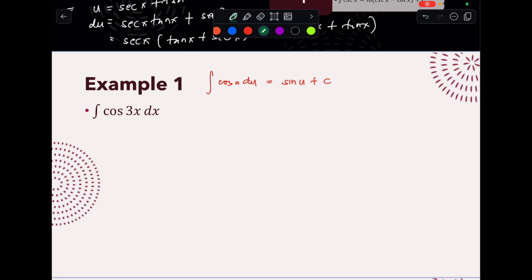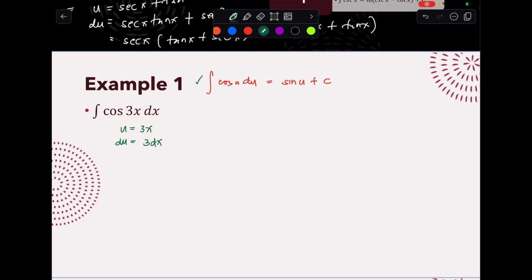Since it falls under the 10 trigo integrals, we can let u be equal to 3x. And then du, the derivative of 3x, will be 3 dx.